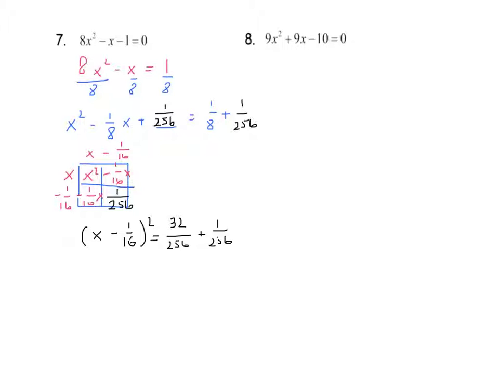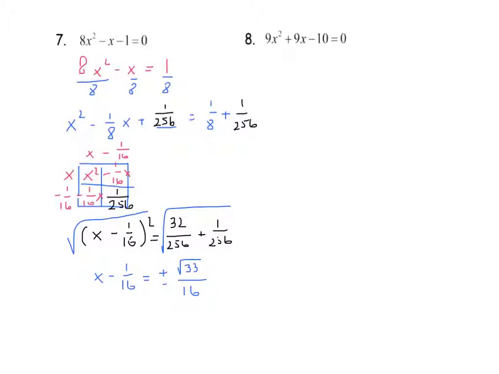So now I'm going to take the square root of both sides and have x minus 1 over 16 equals plus or minus the square root of 33 over 16.